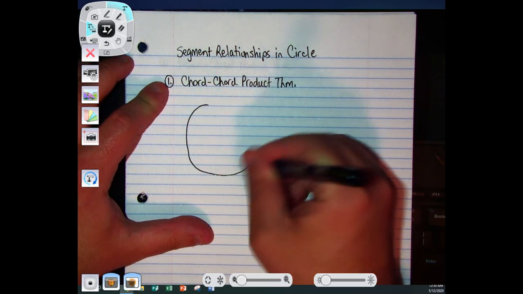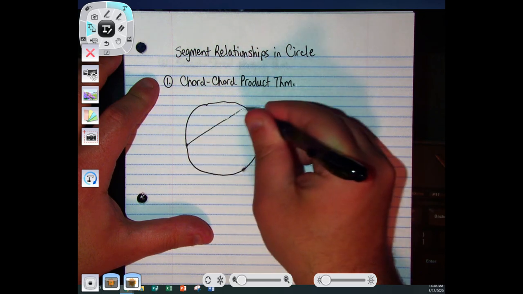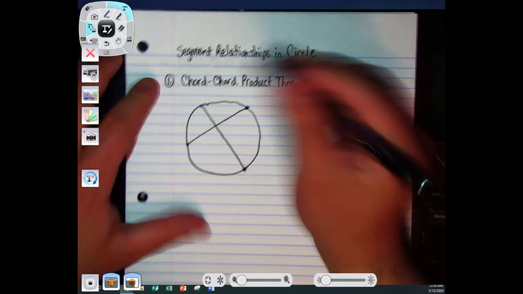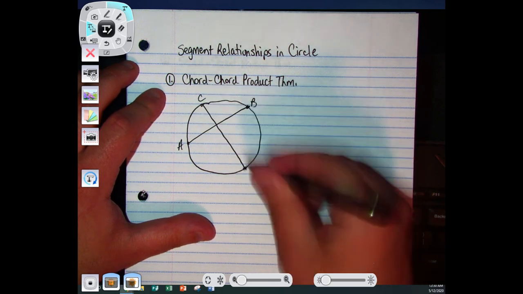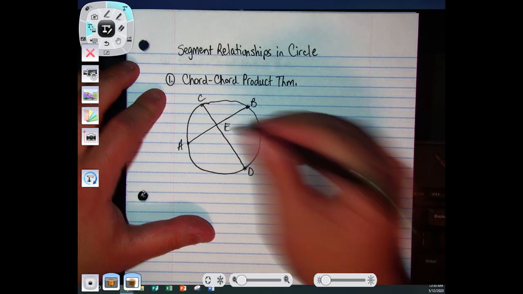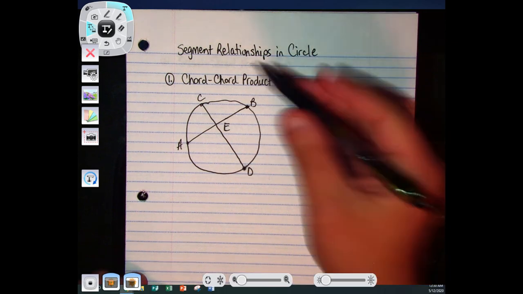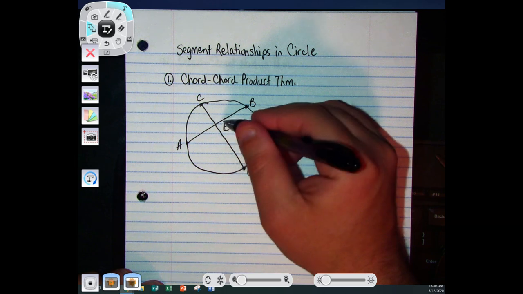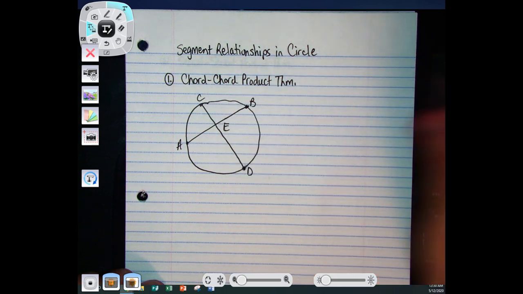Remember that a chord of a circle is just a segment that has endpoints on the circle itself. For example, if I give you these two chords, and we call this A, B, C, D, and E, the chord-chord product theorem says that if I take the two parts of this segment and multiply them together, it equals the two parts of this segment multiplied together.